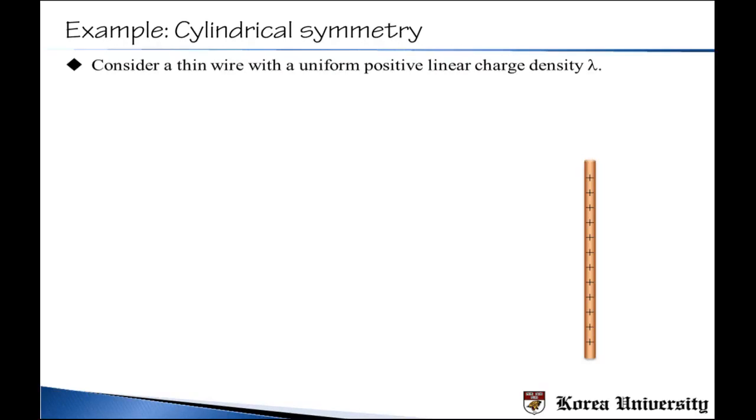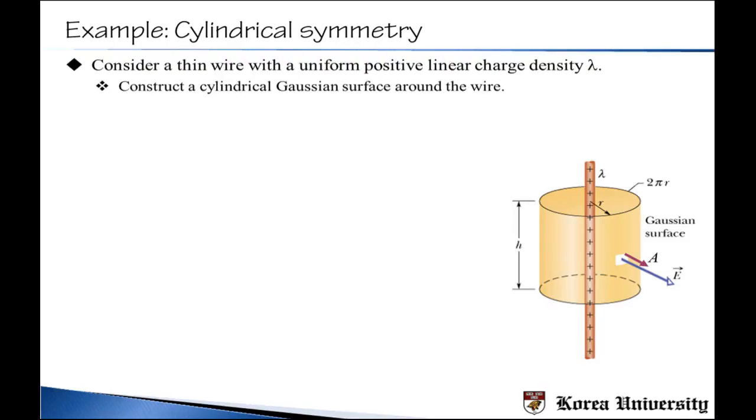We have already said that the best Gaussian surface is a cylinder looking like this, exactly symmetrically surrounding the charged wire. This cylinder has height h, but you will eventually see that this height h doesn't really matter.